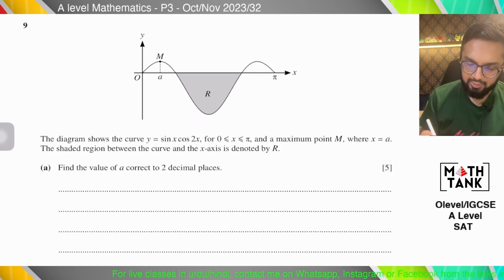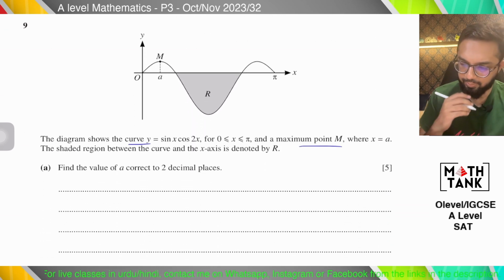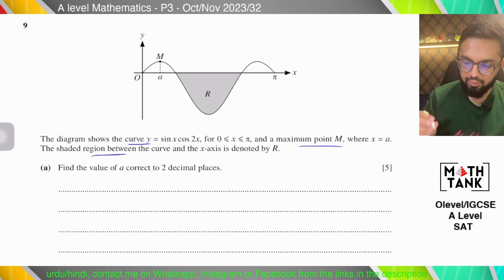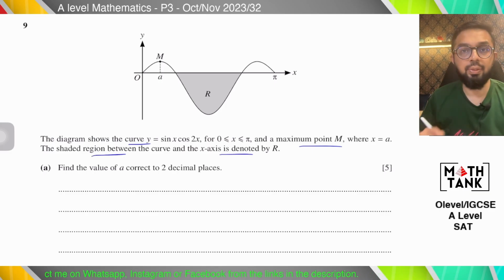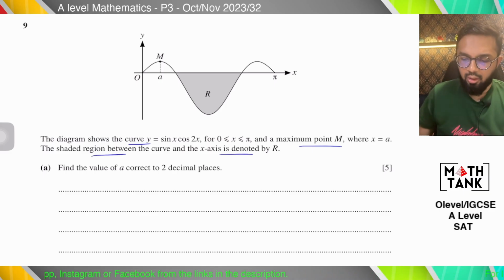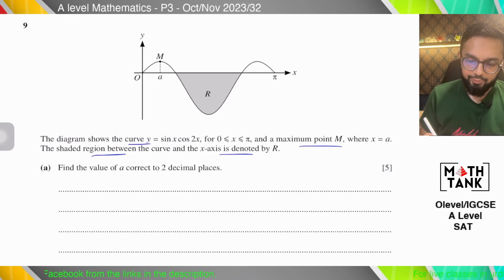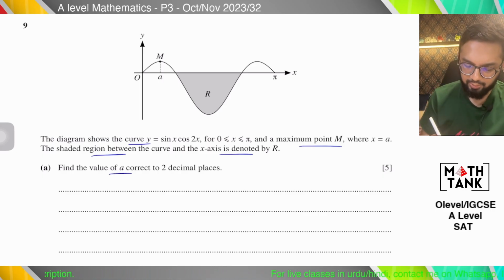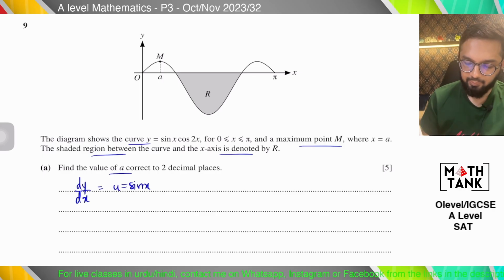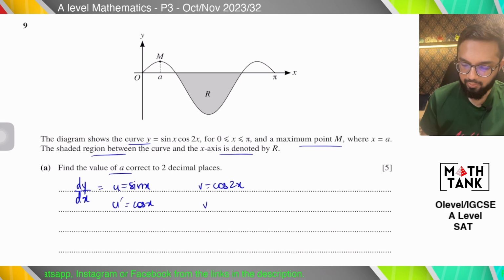Question number 9. It says the diagram shows a curve, to the maximum point this, where x equals a. The shaded region between the curve and the x-axis is denoted by R. Find the value of a. It's just the maximum point, so in this case I just have to differentiate. So dy by dx: u equals sine x, v equals cos 2x, u dash is cos x, v dash is minus sine 2x into 2.